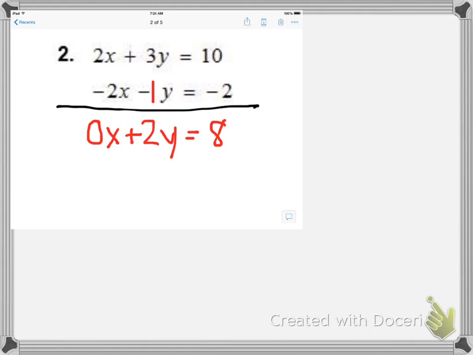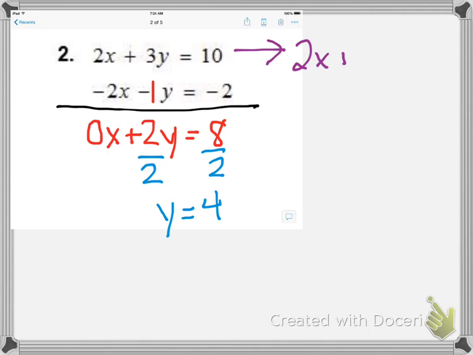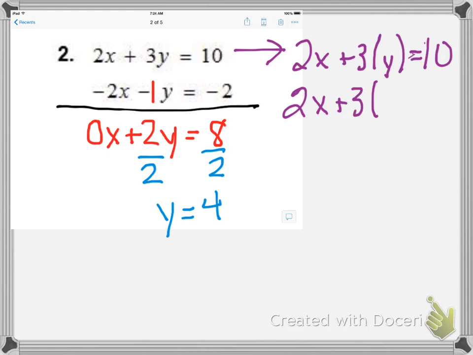And I think you can figure it out from here. What times 2 gives you 8? So y is 4. And then I'm going to go back and plug it in. I just use the first one, that's me. So we have 2x plus 3 times y equals 10. So we have 2x plus 3 times 4. And now I'm just going to simplify things out.